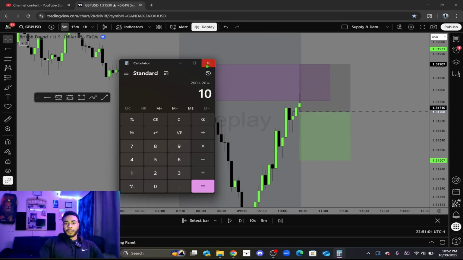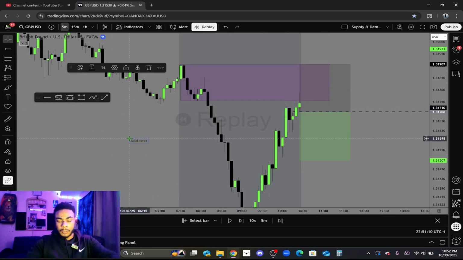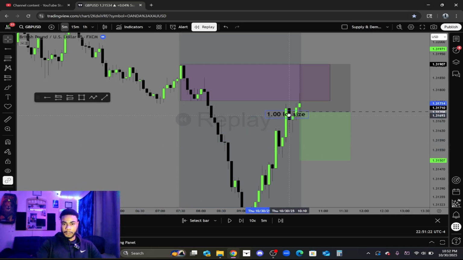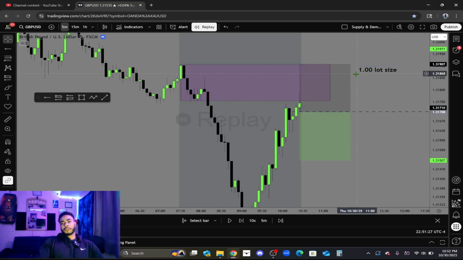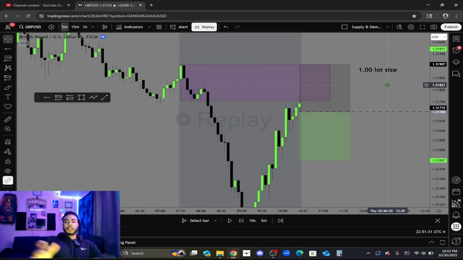And $10 per pip on the lot size looks like this. It says 1.00 lot size. Boom. So that's the lot size you will use if you were risking $200, where 1.00 lot size on MetaTrader 4 equals $10 per point.